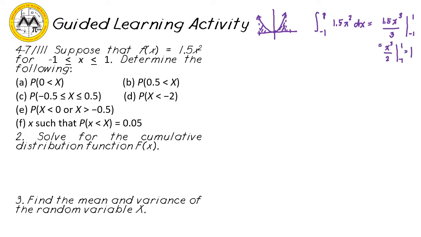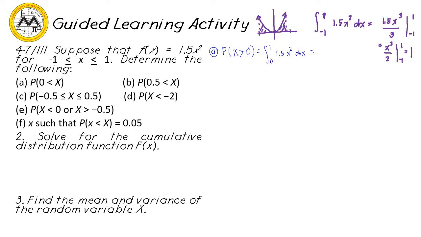Now, let us solve the given probabilities or the unknown probabilities. Letter A. The probability that the random variable x is greater than 0. So greater than 0 means it is from 0 to 1, which is the integral of 1.5 x squared dx from 0 to 1.